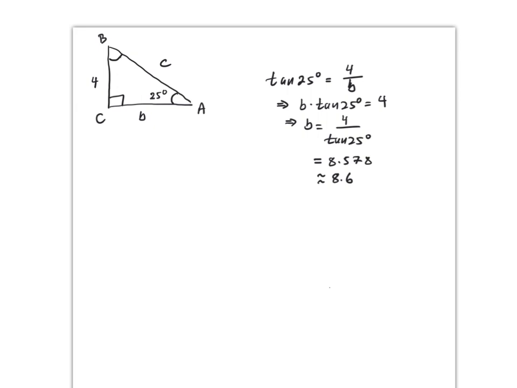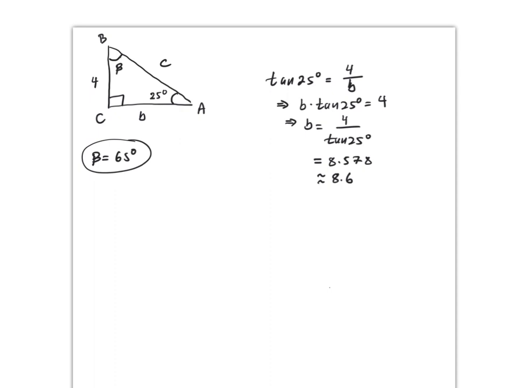Now it should be obvious that beta, which is missing, should be 65 degrees. Why? Because these two angles must add to 90 degrees. Once you know that this is equal to 8.6, you can use the Pythagorean theorem to find C. But let's use this same method to figure out what C is.